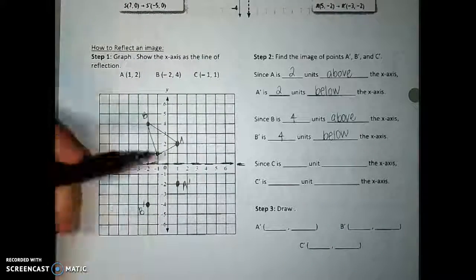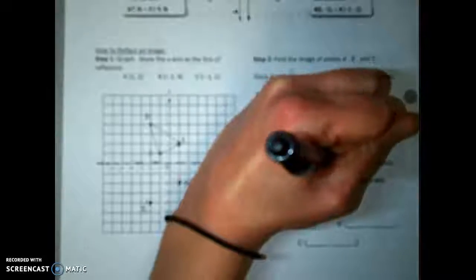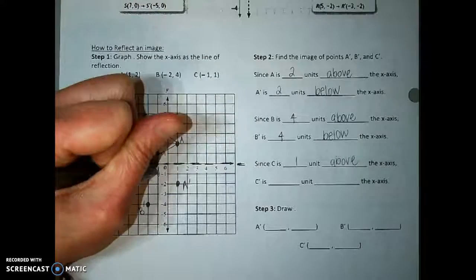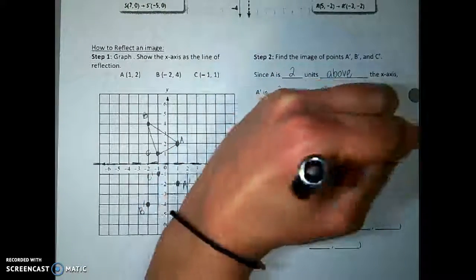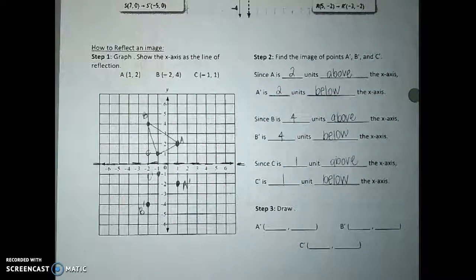All right, and then our last one is C. Notice that C is 1 unit above the x-axis, and so that means that C prime has to be on the other side, 1 unit below. So whatever side it's on, it's just going to end up flipping when we have a reflection.